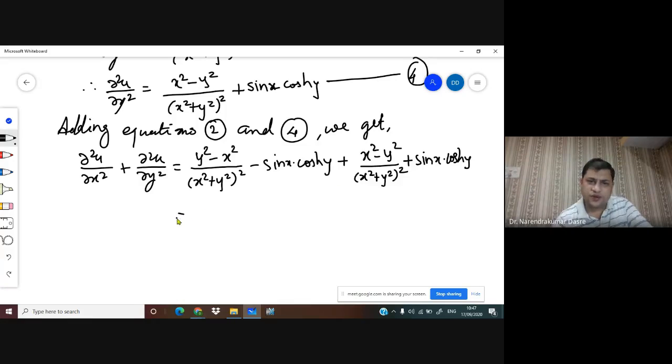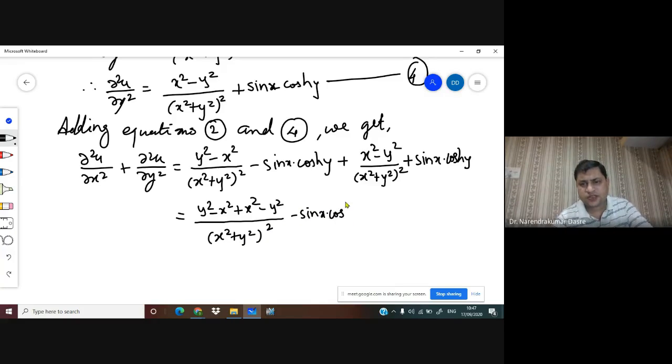Now we can simplify this. We'll have (y² − x² + x² − y²) upon (x² + y²)² minus sin x cos hyperbolic y plus sin x cos hyperbolic y.